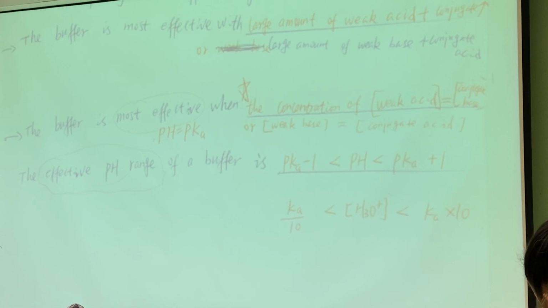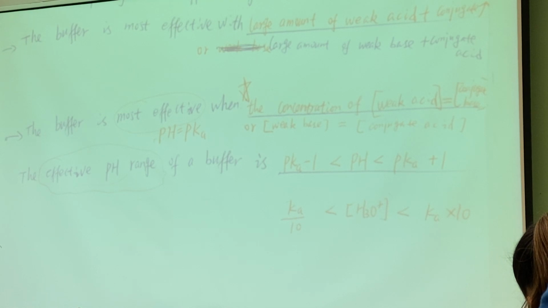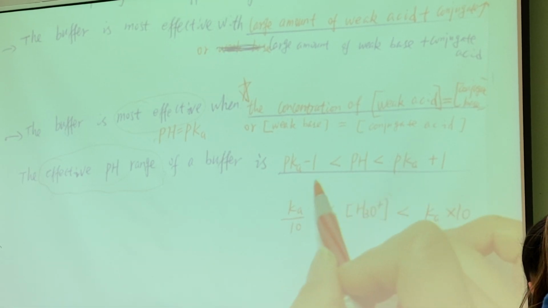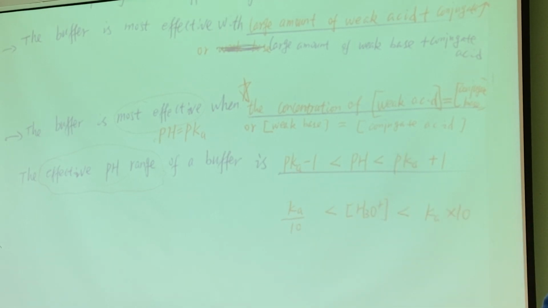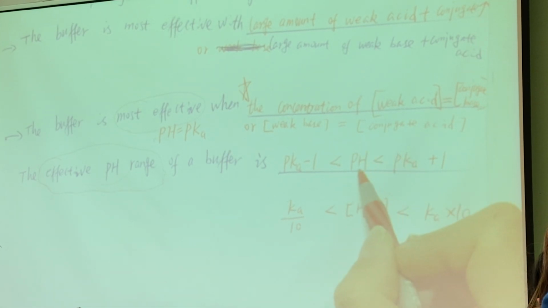Because in biochem, you may need to do some conversion for this too. But for our class, if you understand the pH thing, that's enough. Okay? So pH has this range, basically pKa plus minus 1. Why do we define minus 1 plus 1? That's through the experimental data.